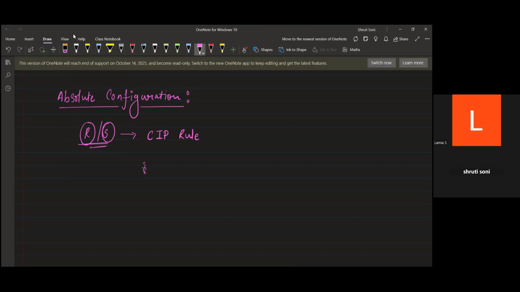Wait a second, I think my marker is not working. Okay, the CIP rule is given by scientists, and on the basis of their names we call that rule the CIP rule. C represents Cahn, I represents Ingold, and P represents Prelog. These are the scientists' names.